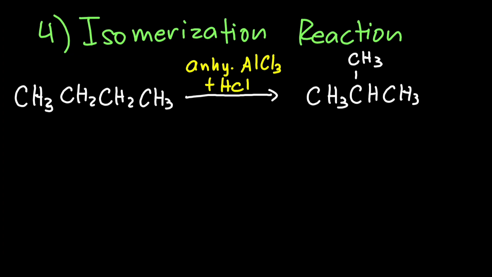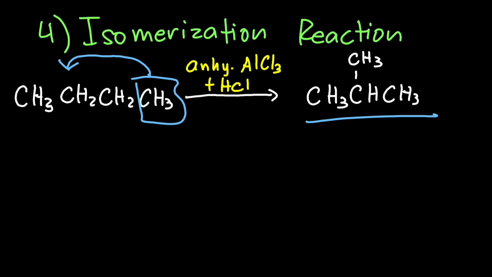So for this example, we have a butane here under the presence of anhydrous aluminum chloride plus hydrochloric acid. This is where one carbon here would actually be moved into a branch. So this would be moved into this one or be connected, which forms this one, which is a branched alkane.